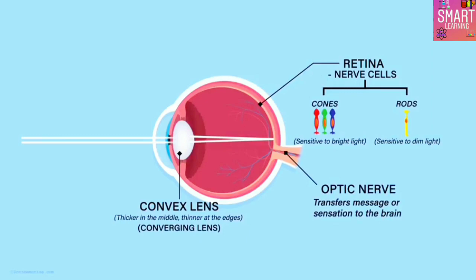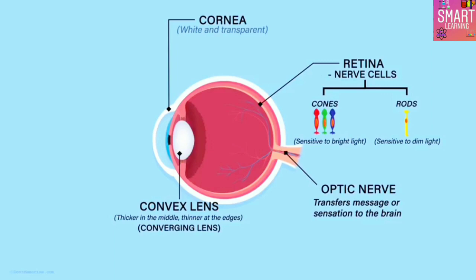Okay, let's quickly recap what we learnt about the human eye. The human eye has a roughly spherical shape. The outer part of the eye is called the cornea. It's a thick, white, transparent wall which protects the eye from accidents and keeps foreign particles from entering inside.